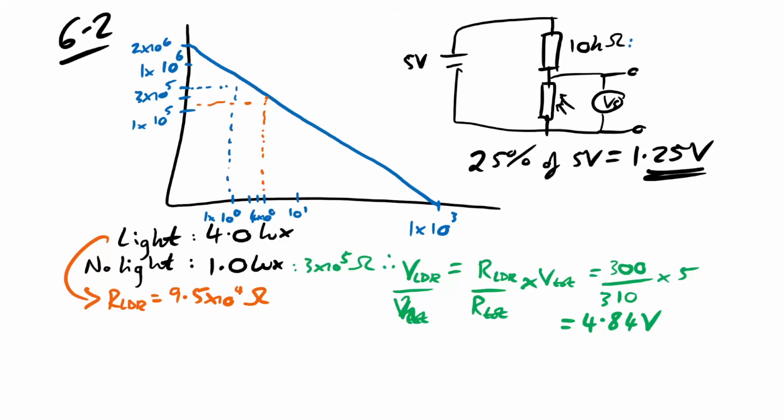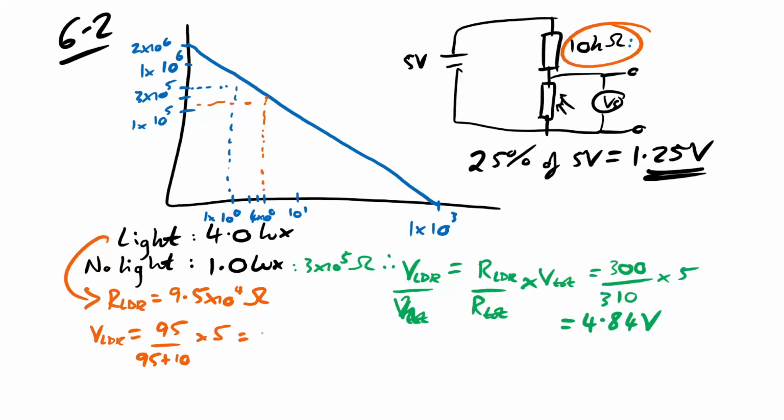So there we go. So therefore, doing the same thing again, we're going to say that the voltage across the LDR is equal to resistance of the LDR. So I'm just going to say 95 divided by then them added up. So 95 plus that 10 on top, of course, and then times that by 5. So that's just 5 times 95 divided by 105.